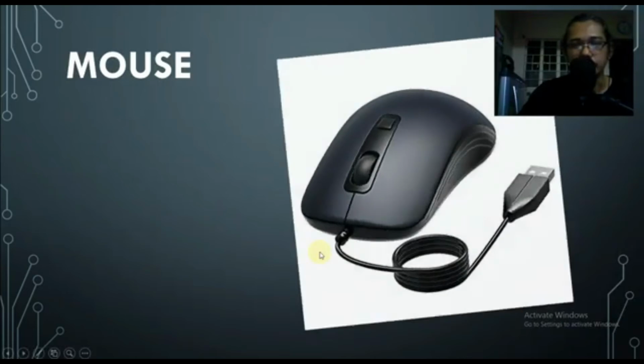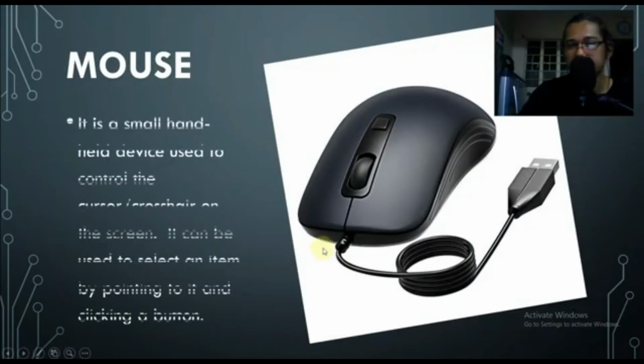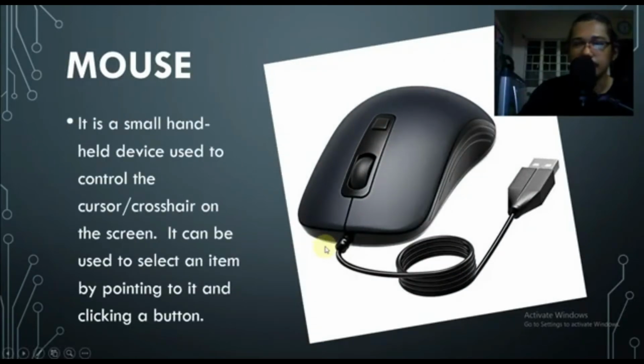Okay, next is the mouse. The mouse is a very common peripheral of the computer, and today we cannot use the computer without a mouse. We are so used to it being a part of the computer. But guys, back when the mouse was not yet invented, we only used the keyboard.